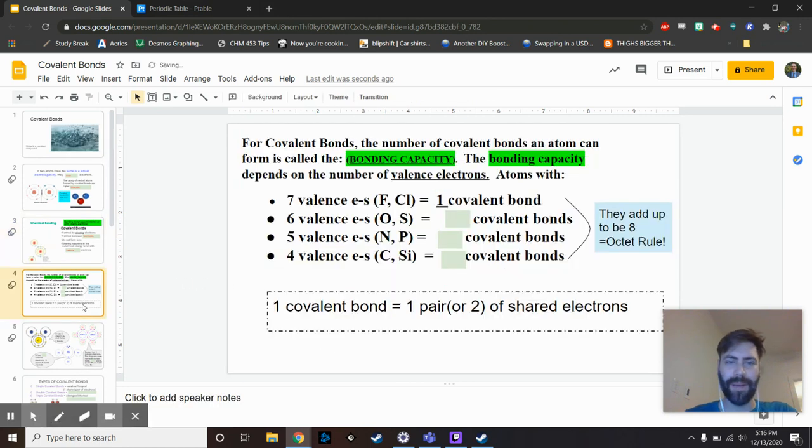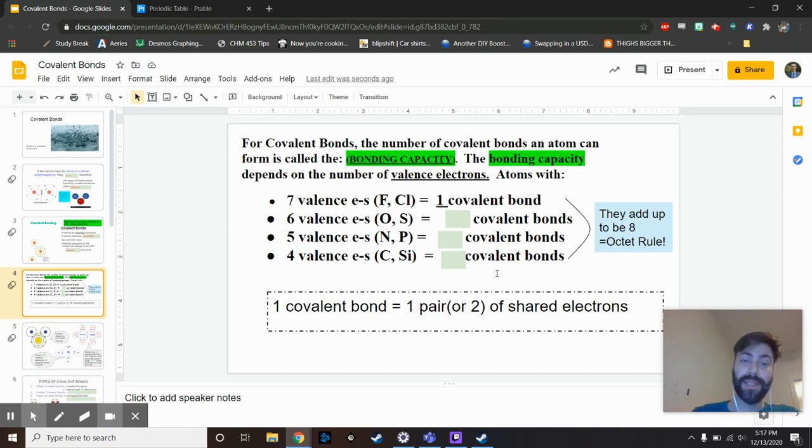Okay, so for covalent bonds, the number of covalent bonds that an atom can form is called the bonding capacity. The bonding capacity depends on the number of valence electrons. Atoms with 7 valence electrons can make one covalent bond.